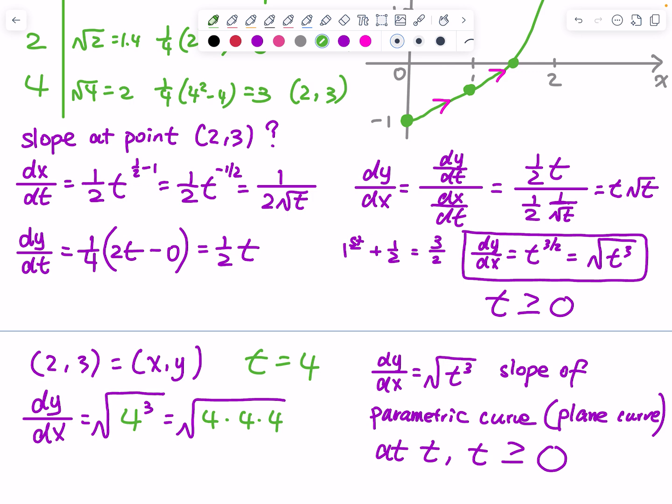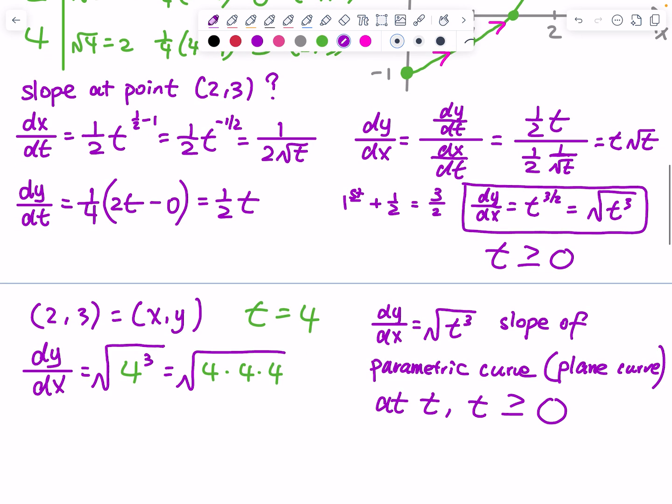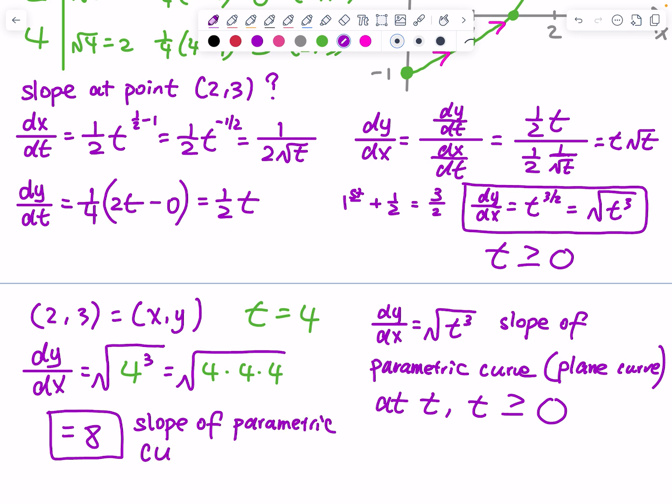The square root of 4 is 2. 2 times 2 times 2 is 8. So that is equal to 8. Box that, and then you need to tell me what that is. That is the slope of the parametric curve at 2 comma 3.